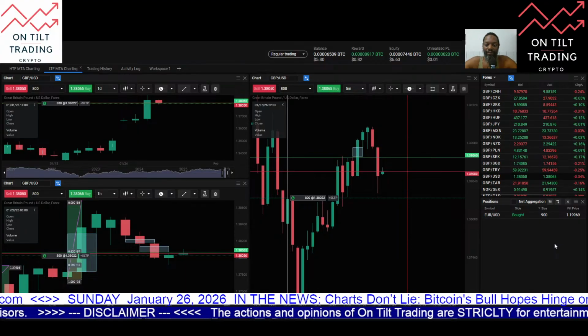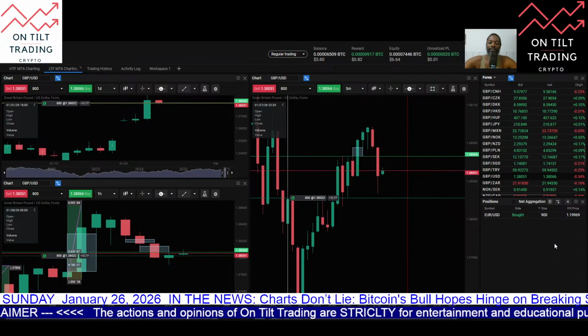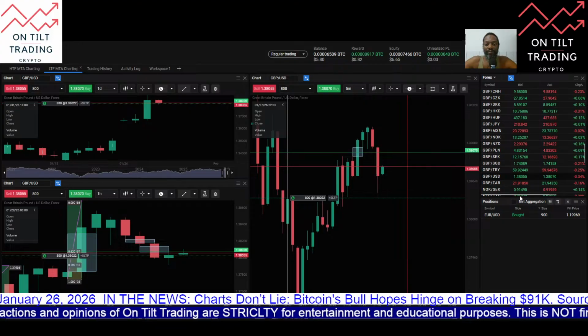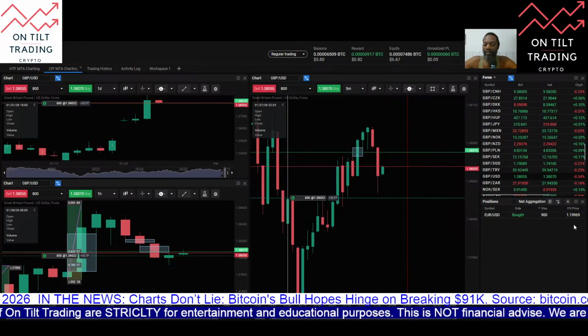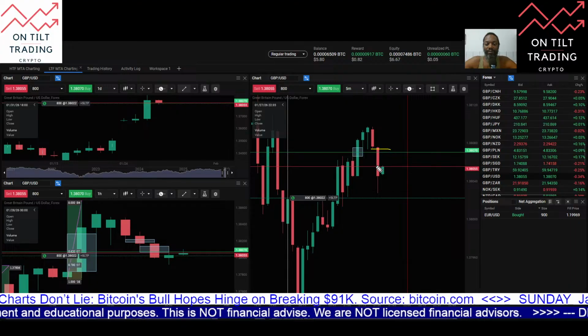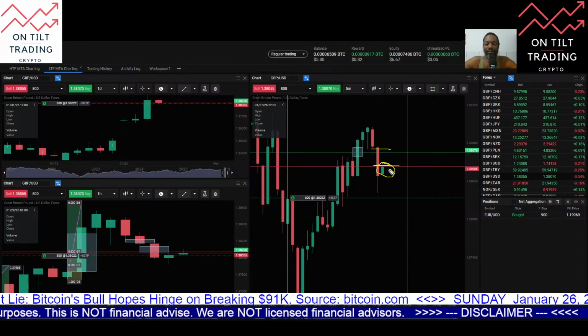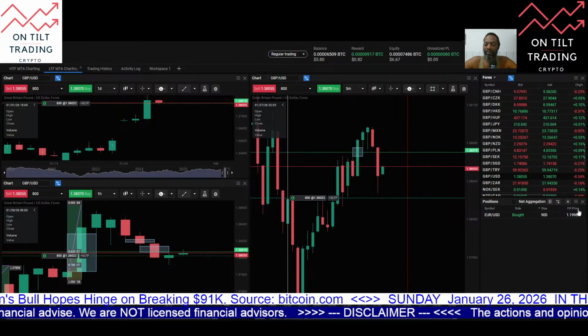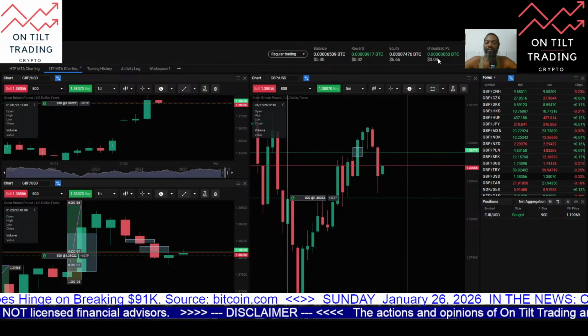Now I'm seeing a return to buy side delivery here, and putting in a potential sell side imbalance, buy side inefficiency here, depending on how this candle closes, or a bearish fair value gap.